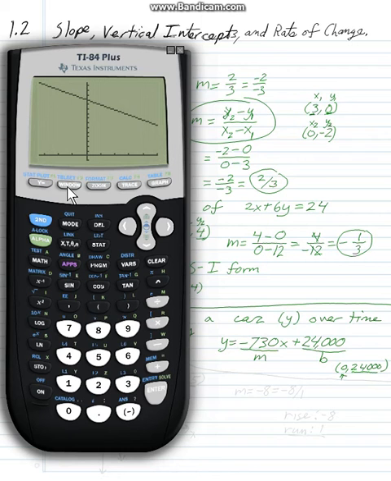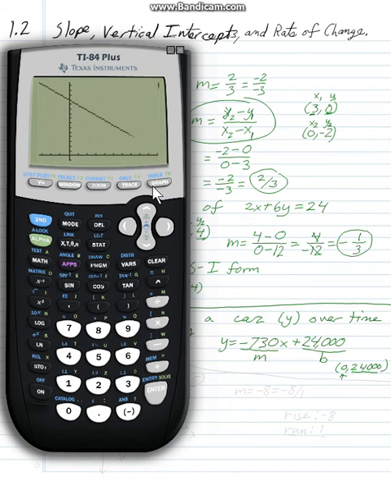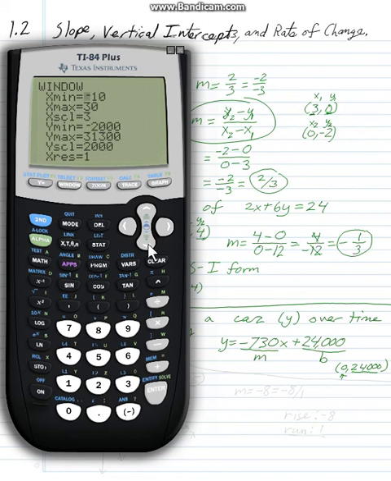So the way you can modify your window now, since I need to be able to see further horizontally, is I can go back in and change that x max to something a little bit bigger, maybe 30. That should probably do it. Oh, not quite. Let's go out to 35.